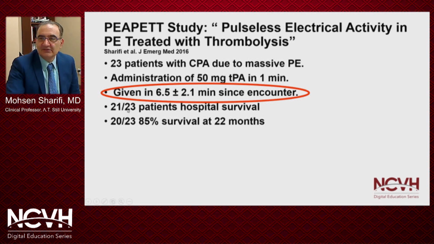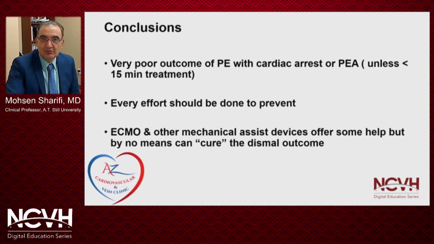And 21 out of the 23 patients had hospital survival, and 85% of the total patients survived at 22 months. So it is again very important that if somebody collapses and needs resuscitation due to PE, something is to be done immediately in the first few minutes. Probably this is more critical than acute MI, where you have a window of 90 minutes.